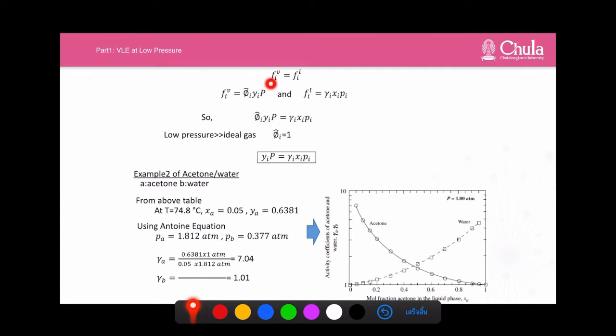And the fugacity of component i in vapor phase is represented by phi i yi P. Okay, it's fugacity coefficient, mole fraction, and pressure of the system.